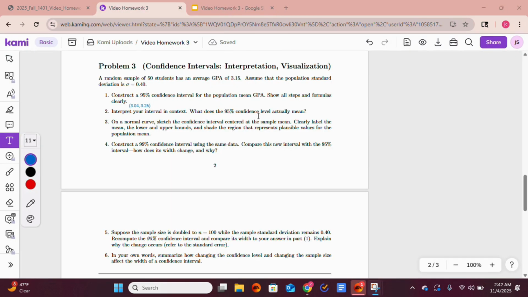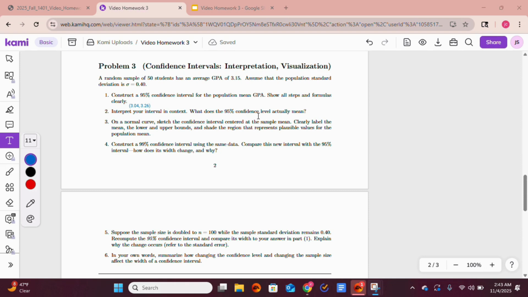Now we can move on to question 4, which says construct a 99% confidence interval using the same data. Compare this new interval with the 95% interval. How does its width change and why? To do this, we use z equals 2.576 and then solve it in the same way we did for the 95% confidence interval. We can do 0.4 over the square root of 50, which would be 0.0566, and then multiply by 2.576, which would give us about 0.146.